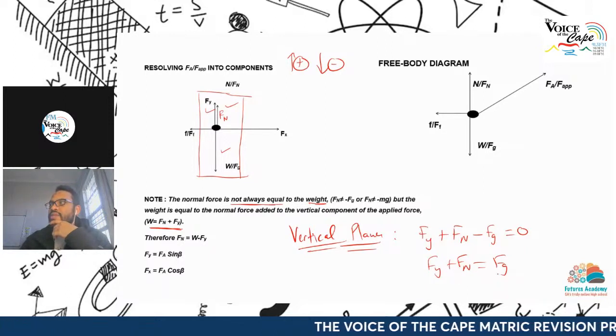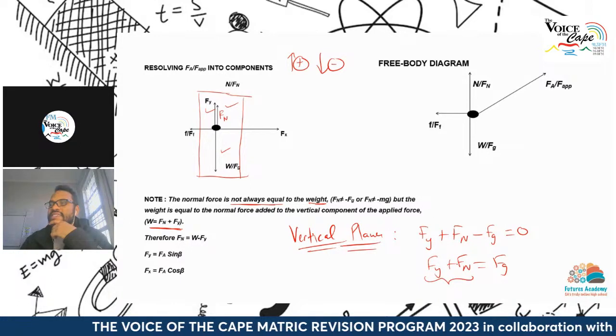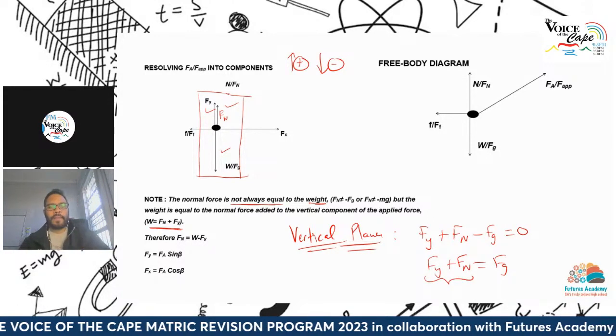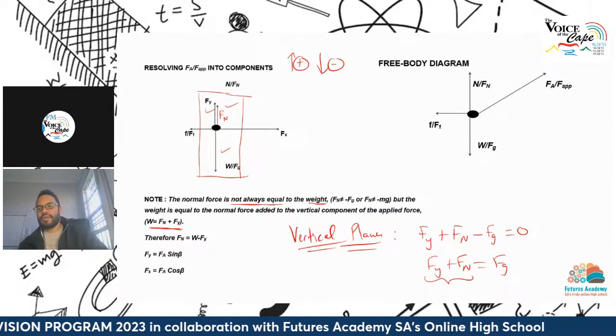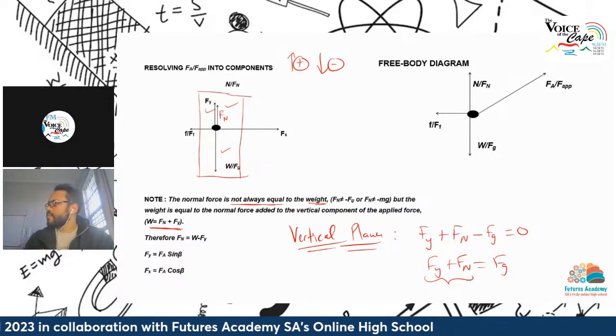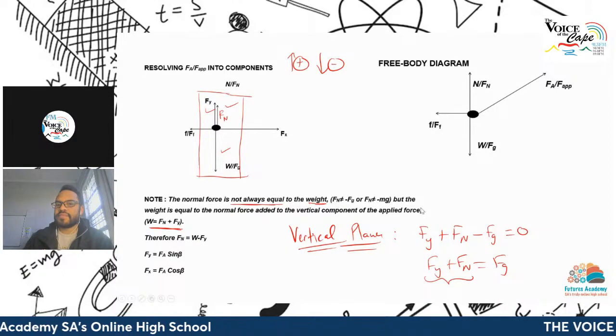Here we note the gravitational force actually is made up of that vertical component Fy plus the normal force. Okay, so keep that in mind. Right, let's go to our next slide quickly.